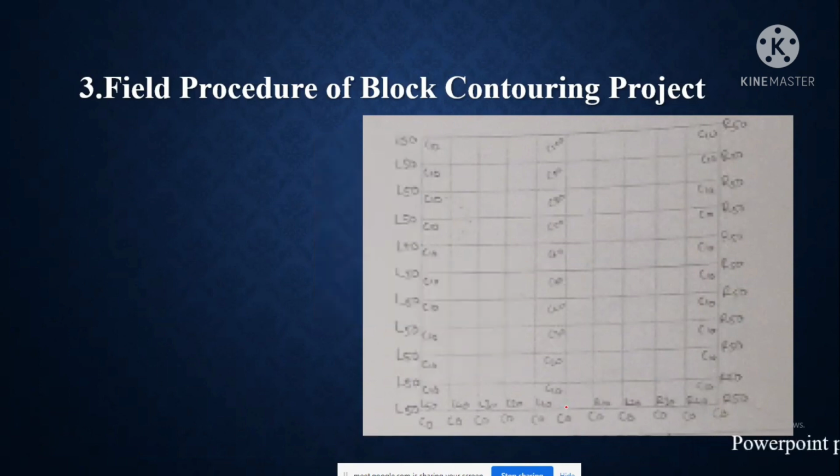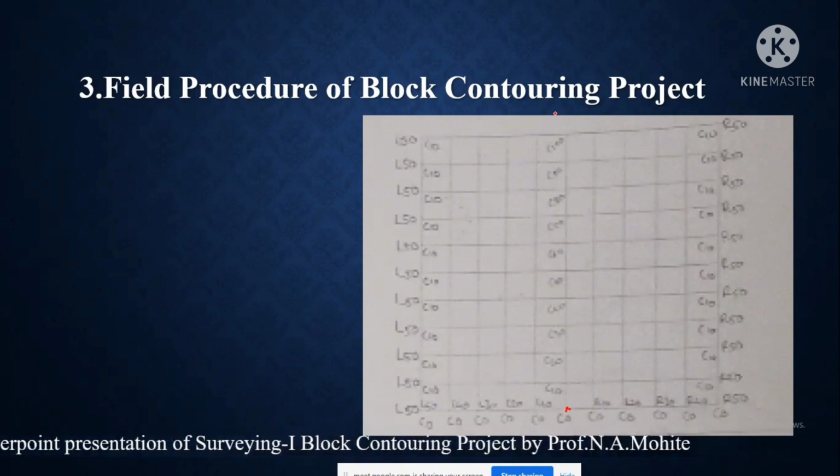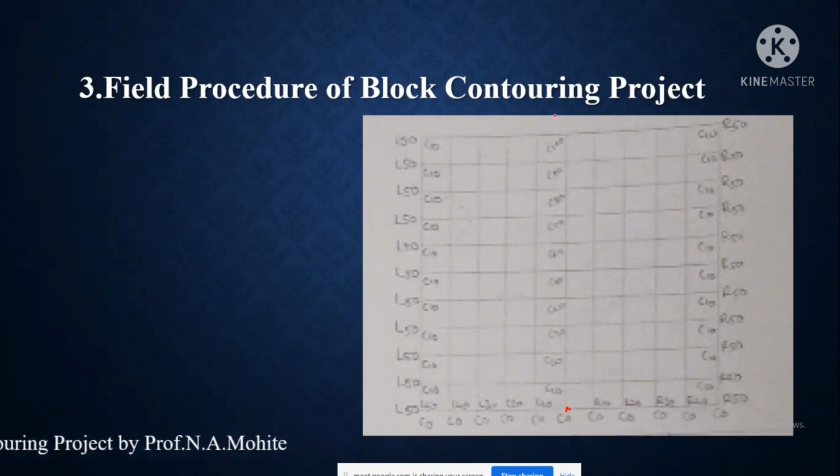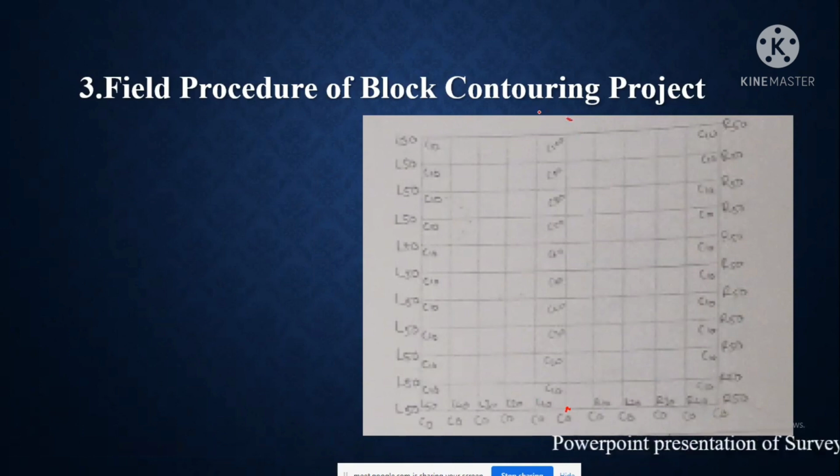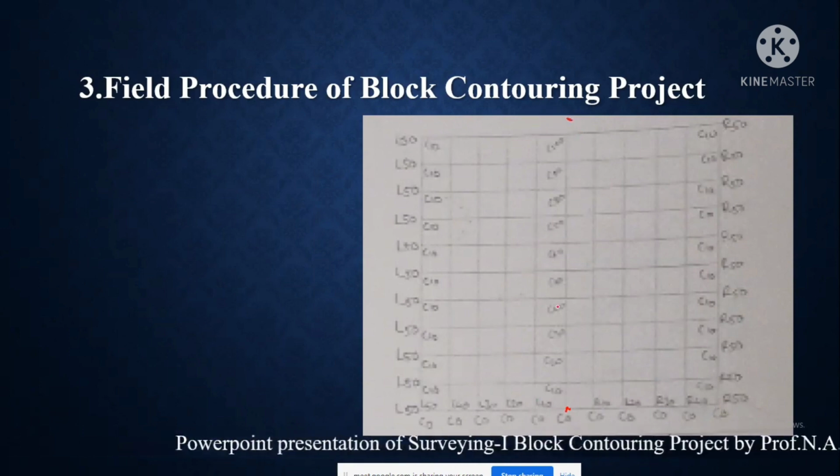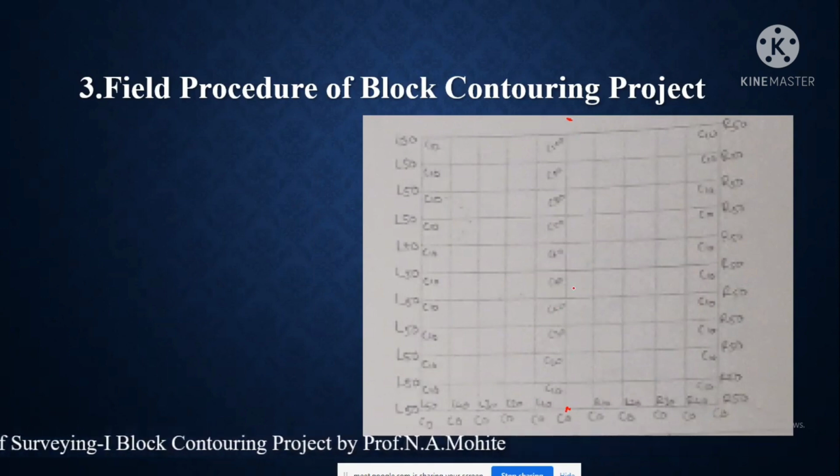At random distance, we are not going to first measure what the distance is. At any random position the ranging rod will be placed. Then by the direct ranging process, intermediate points will be marked.